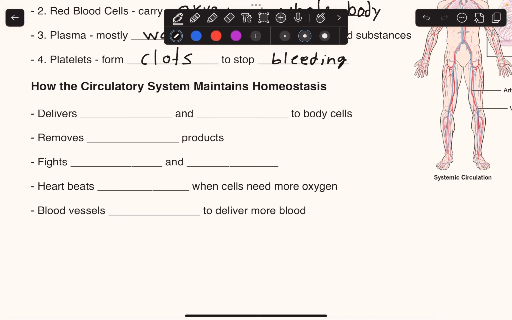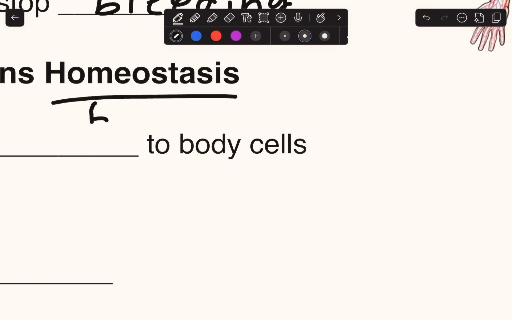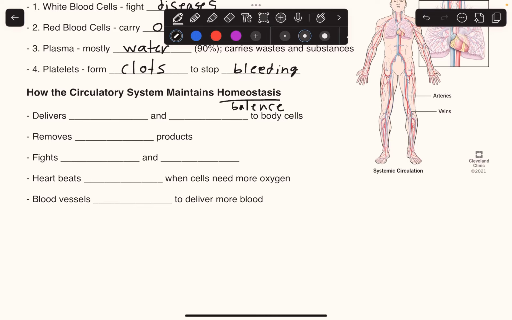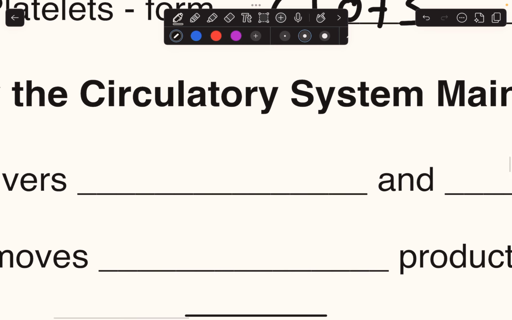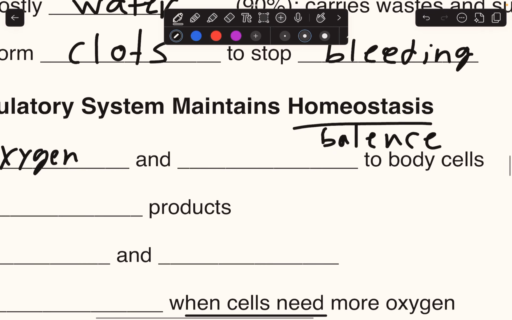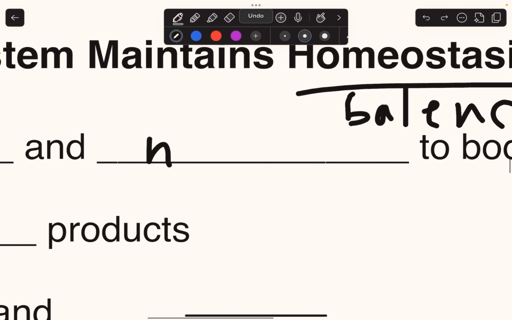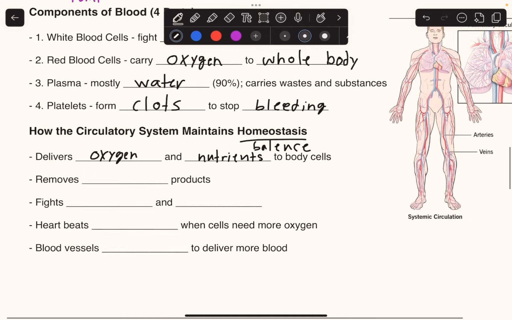And then we have how the circulatory system maintains homeostasis. Homeostasis is how basically the body remains balanced. So you can write here, balance. So first of all, it delivers oxygen and nutrients to body cells.